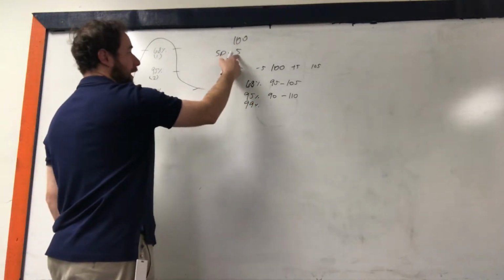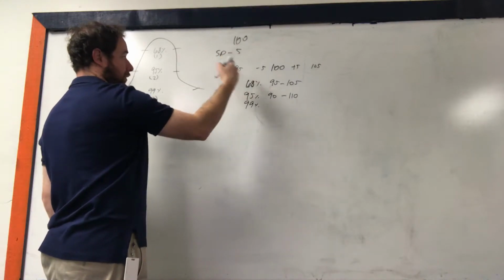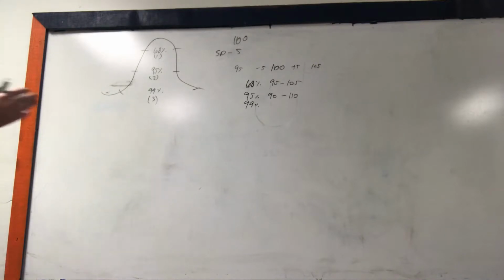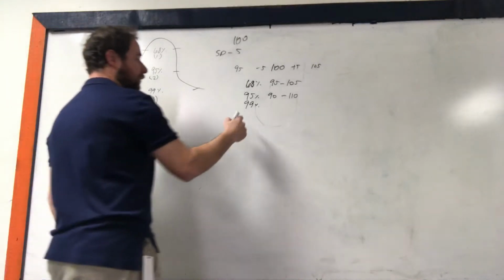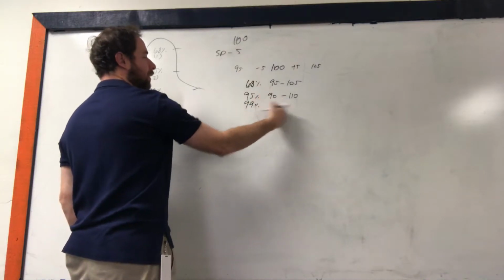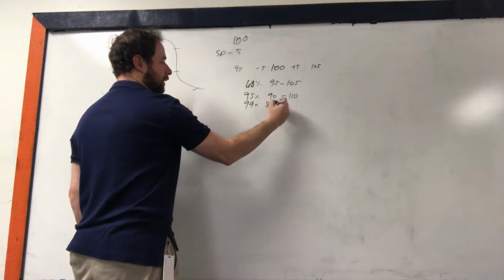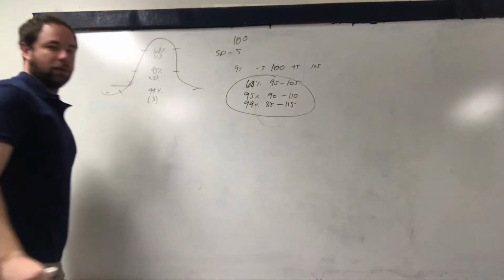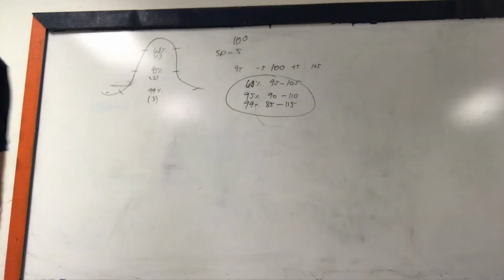Instead of 5 being 1 standard deviation, 10 is 2 standard deviations, and 15 is 3 standard deviations away. So 99% of them were 3 standard deviations away from the norm. So it'd be another 5 this way, so it'd be 85 to 115. And this right here would be your answer on how to do these bell curve type problems.